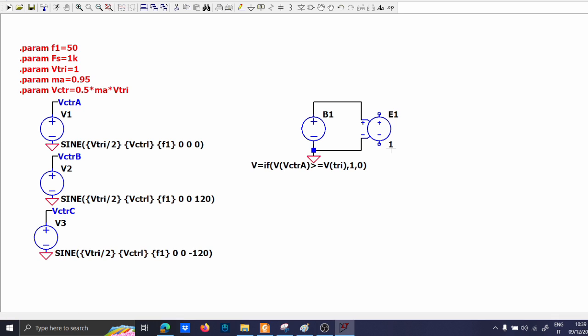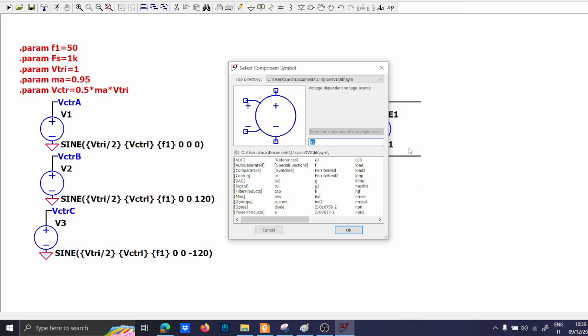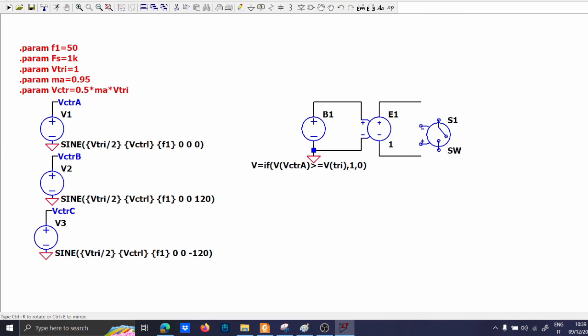The gain will be 1. And now we will connect it to the switch of the first phase. For now, I will use an ideal switch because I think that the simulation will be quite heavy. So I don't want to make you waste any time, and this will be my block for the switch.